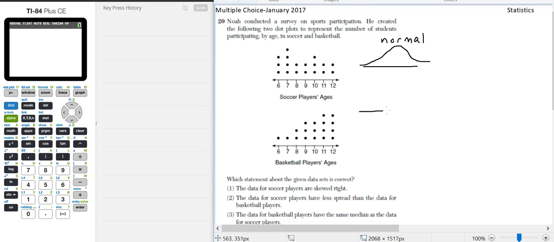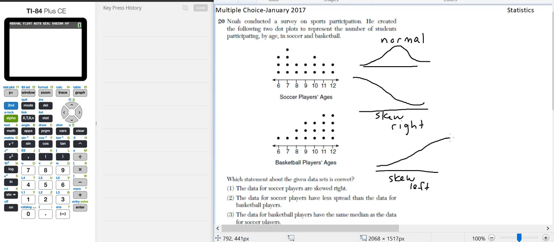When something is skewed right, we have very few values on the right and a lot of values on the left. When something is skewed left, we have very few values on the left and a lot of values on the right. And then random is what looks like this, up, down, up, down, up, down. It doesn't look like it's normal, it doesn't look like it's skewed right, it doesn't look like it's skewed left. So choice 1 is not going to be the correct answer.